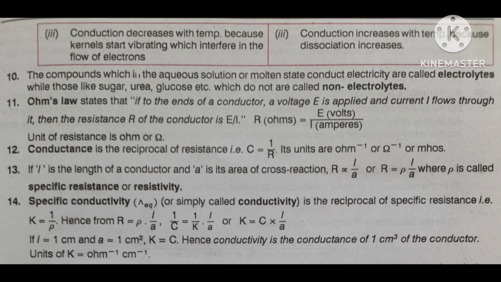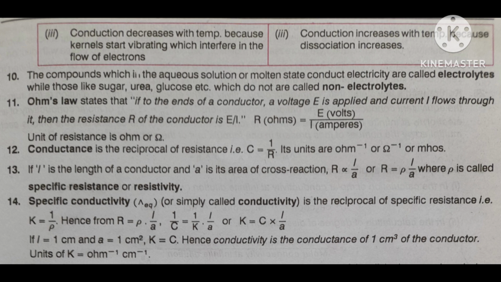Question is asked on the unit of specific conductivity. Keep the expression in mind, then obviously you can write the unit also. The expression is very, very important: K is equal to C into L upon A, you remember. And here, what is L upon A? L upon A is called cell constant.